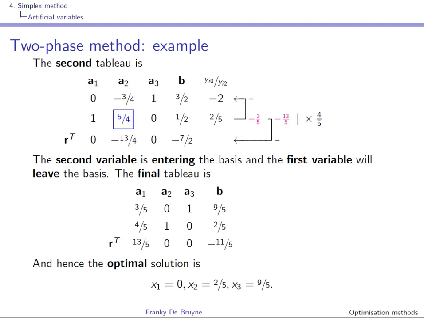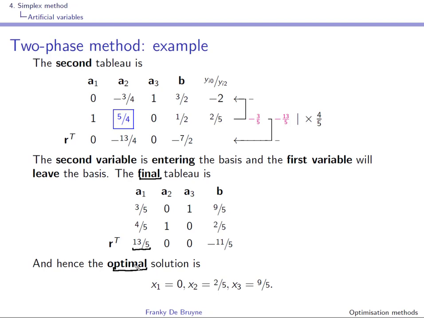Well, if you do these elementary row operations, elimination operations, you find the third and final tableau. It's the final tableau because you can see here that the R coefficients are all positive, hence the solution is optimal, right?